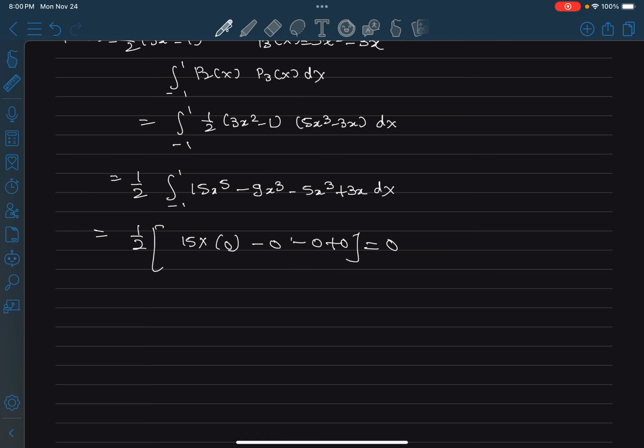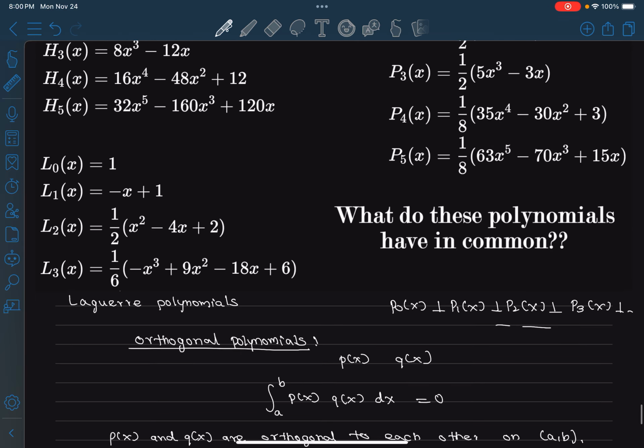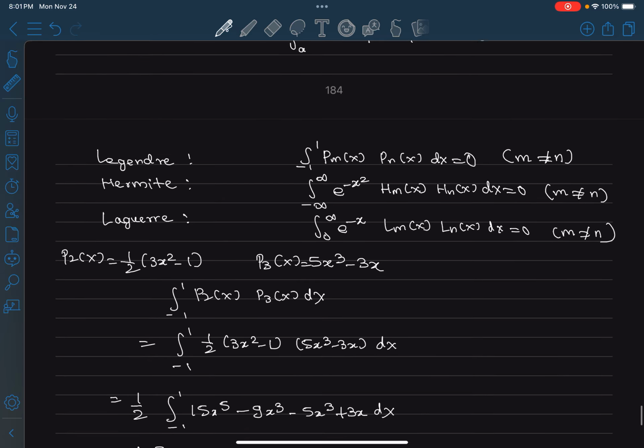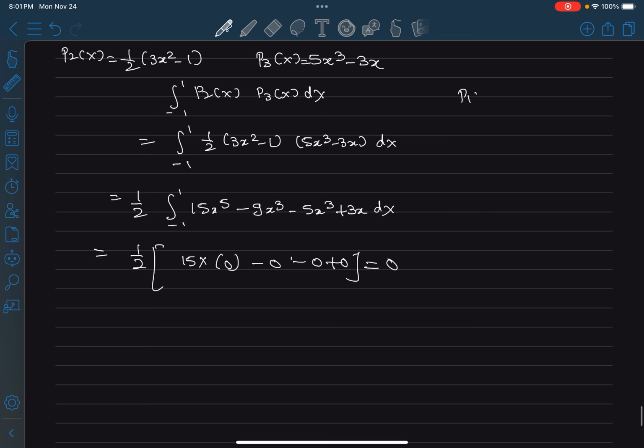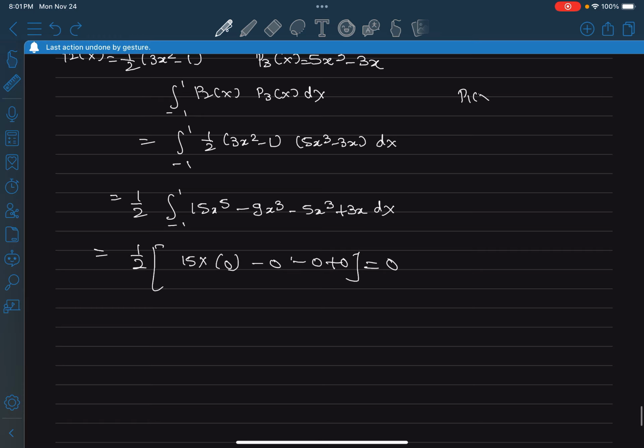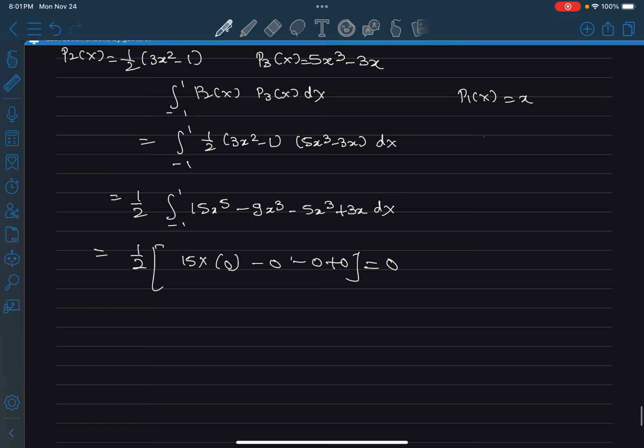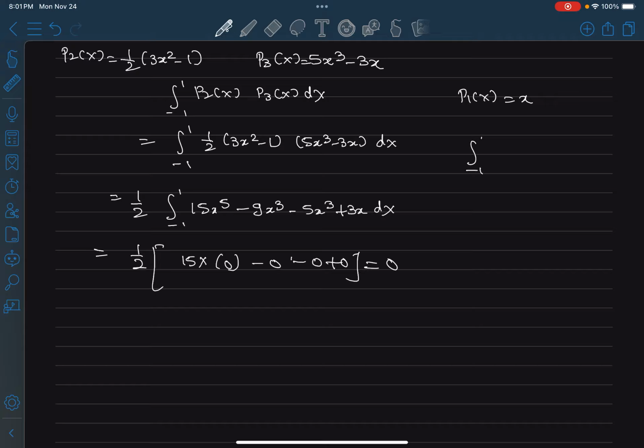Even if it doesn't cancel this way, let's say I take P1 of x, which is just x, and P3 of x, I will have the integral of 5x to the power 4 minus 3x squared dx, right?